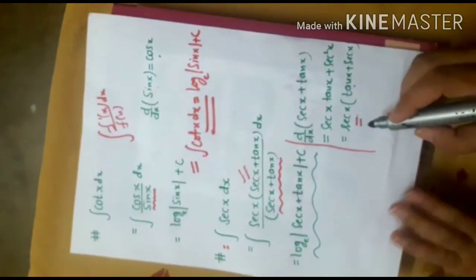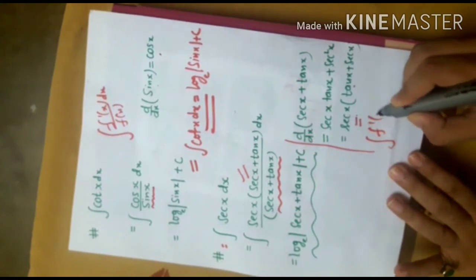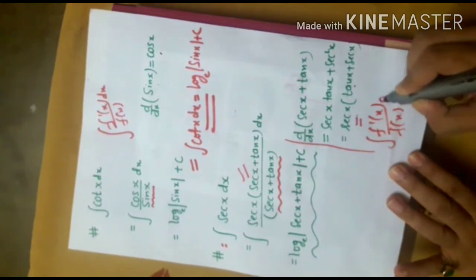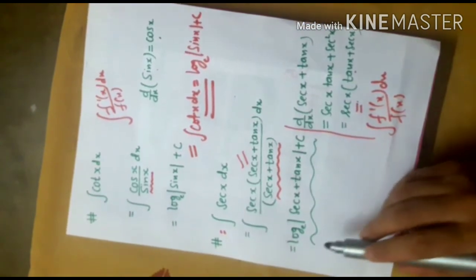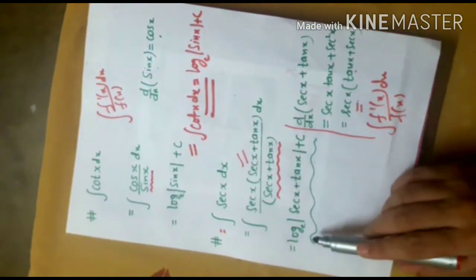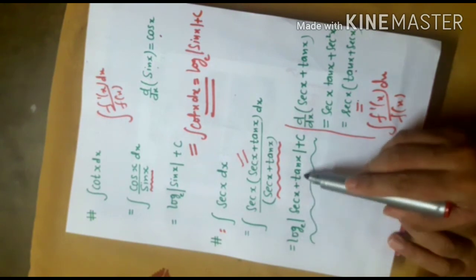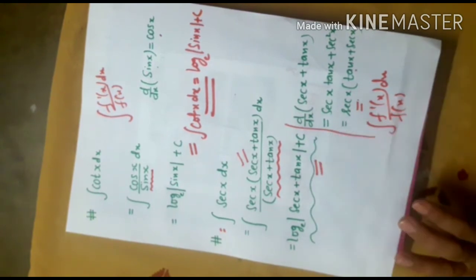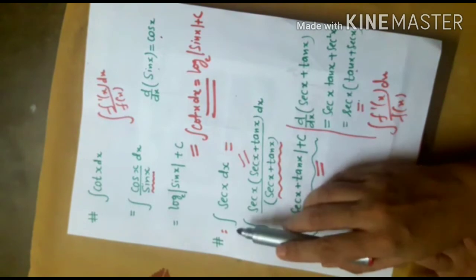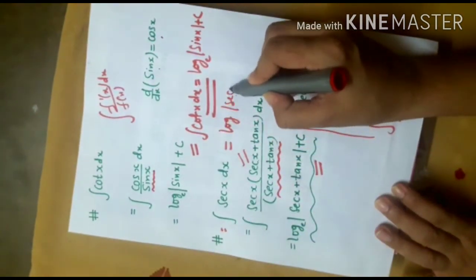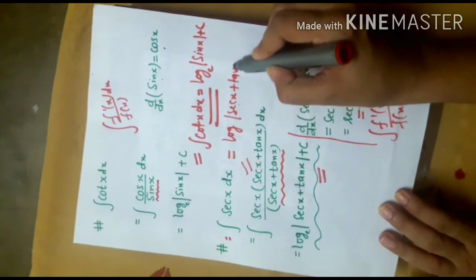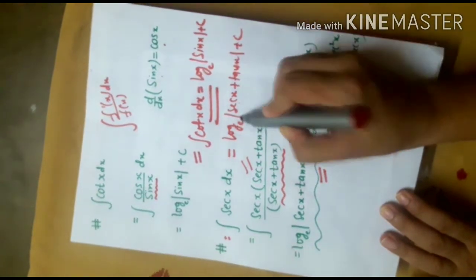So the integral is of the form f dash x over f x dx. So the integral will be log of the denominator. So it is log secant x plus tan x plus c. So remember this formula. Integral of secant x is log secant x plus tan x plus c.